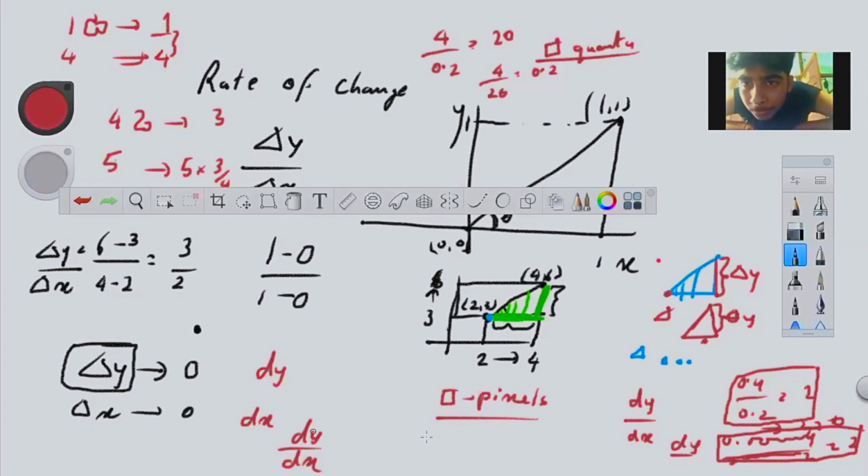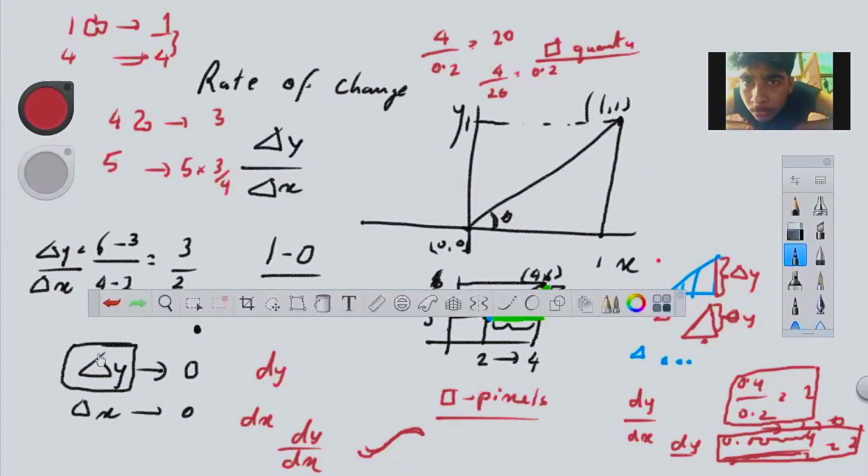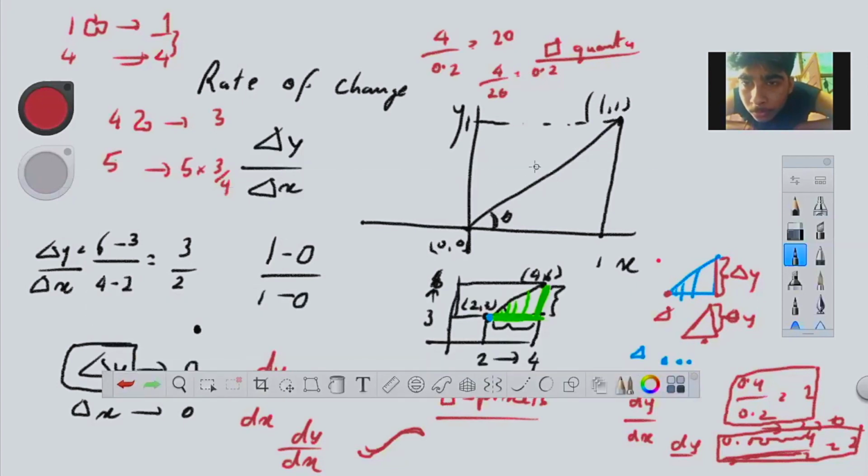We mostly look at dy by dx in a continuous manner, with continuous objects. Why dy by dx is important is because until now, in our graph, you just saw a linear line, a straight line.